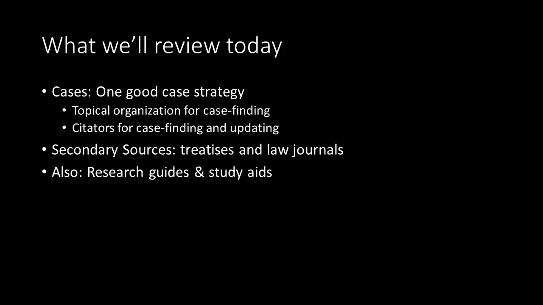And then the last thing we're going to look at is some research guides and study aids. We're going to look at the First Year Legal Research Guide, the Research Strategies tab, the Appellate Advocacy Research Guide, the West Study Aid subscription online, and the Study Aids Research Guide.